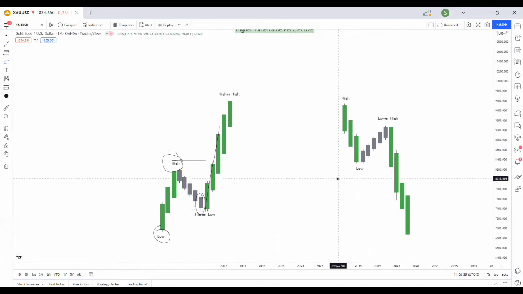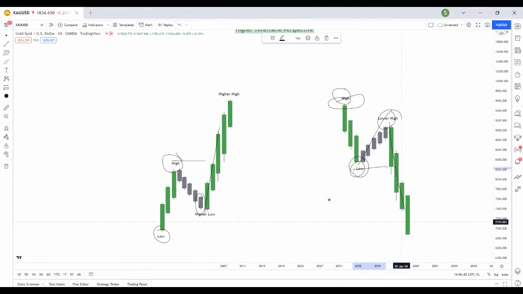You do the opposite when you are looking for a supply zone. We have a high, the market creates a low, it reverses and fails to take the high, and it creates a lower high. Then the market reverses and takes out that low.